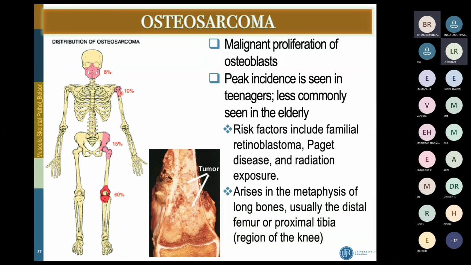Kuko mubona hano iri kuri upper humerus or here lower femur or upper tibia. Around the knee joint. Others are around the hip joint, others here and also in the maxillofacial area. So it is a malignant proliferation of osteoblasts.